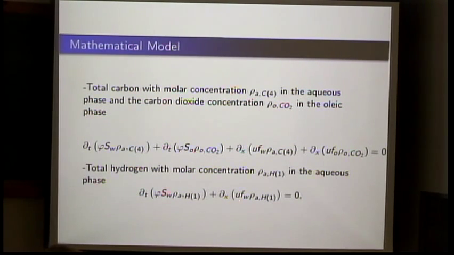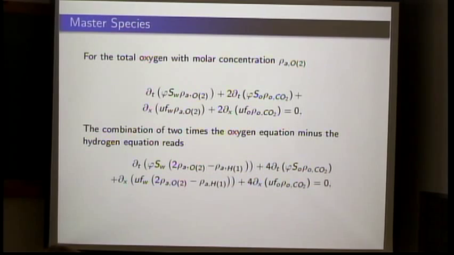We have another one for hydrogen. And total oxygen. And there is some technical detail that I'll skip. It's better to use a combination of two of these rather than each of them.